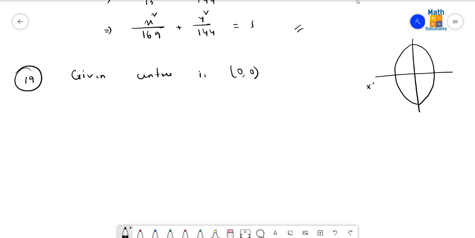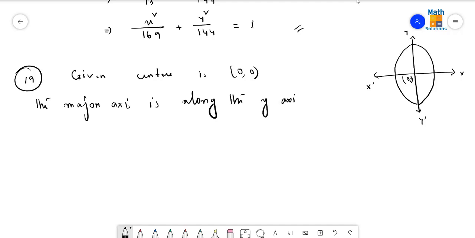This is x dash, this is x, this is y, this is y dash. This is the center 0, 0. The major axis is along the y-axis.